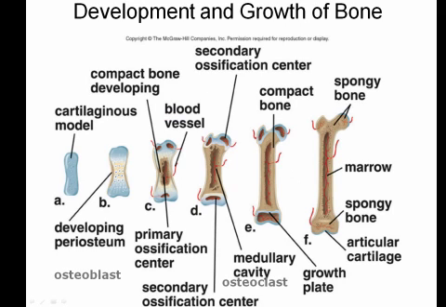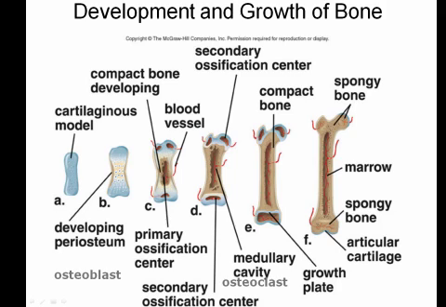Whenever the skeleton is developing during fetal development, it begins first as a hyaline cartilage model, and then a specific cell called an osteoblast will invade that cartilage and start converting the cartilage to bone. This happens first in the center. This is called the primary ossification center, and then there are secondary ossification centers out in the epiphyses of the bone.